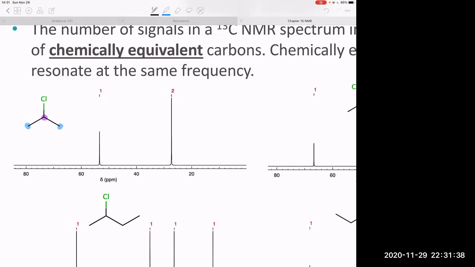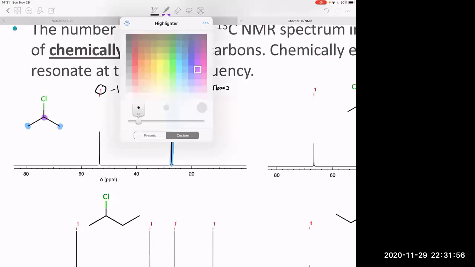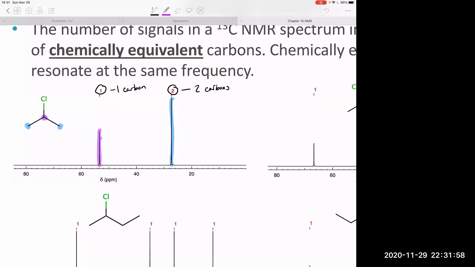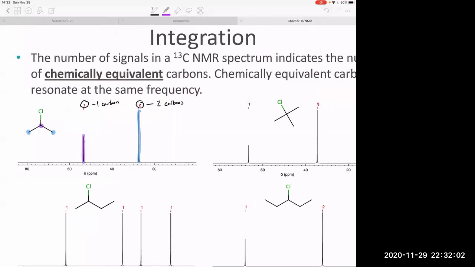So the area under this curve here is twice as much as the area under this curve here, because this corresponds to 2 carbons, whereas this is only 1 carbon. And so we can match this peak here to those 2, and this peak here to that 1. Okay, so that's the other piece of information. Not only does the number of peaks tell you information about your molecule, but also the area under those peaks.